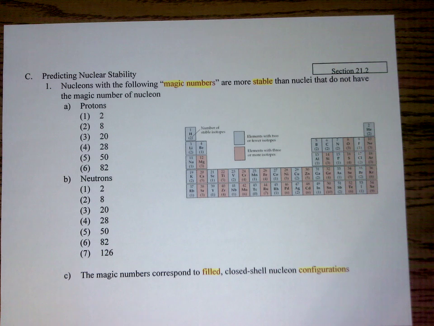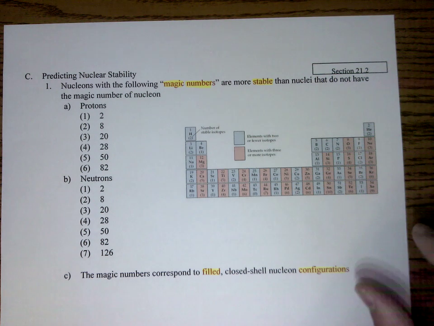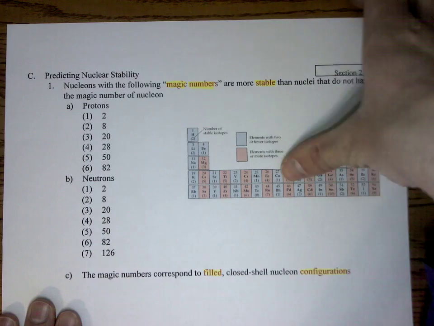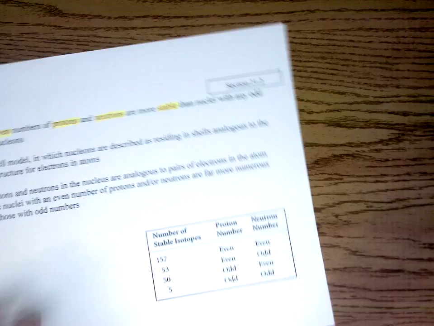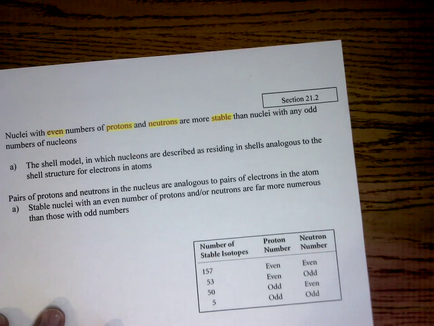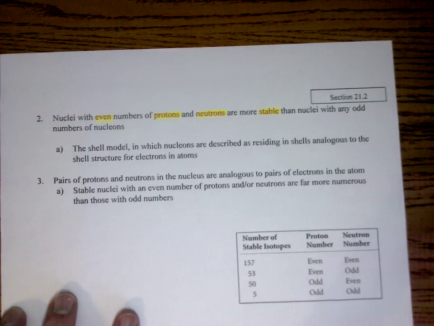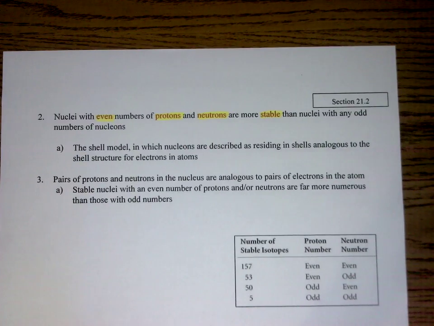All right. So moving on here, our last bit of business just deals with that nuclear stability. And for whatever reason here, nuclei with even numbers of protons and neutrons are more stable than with odd numbers.